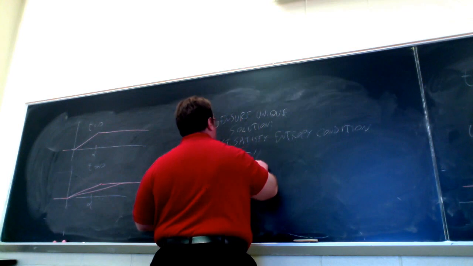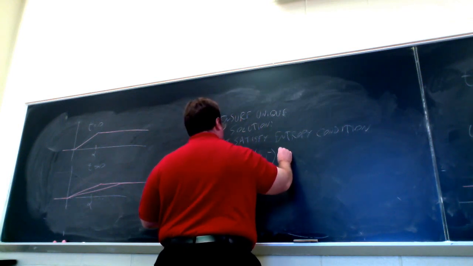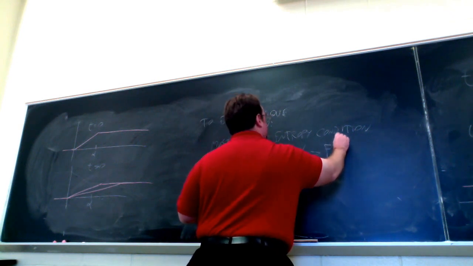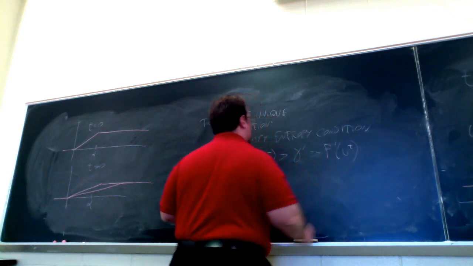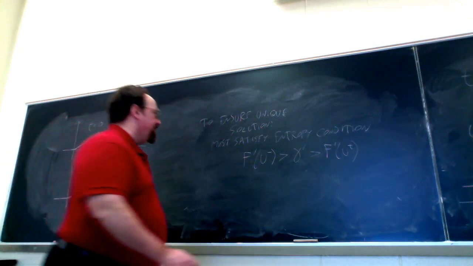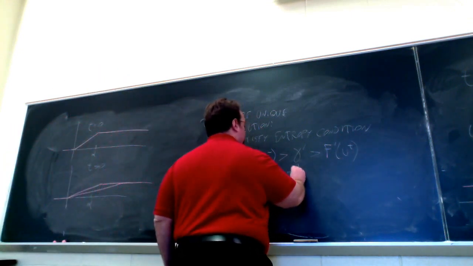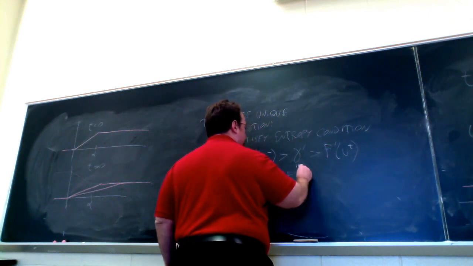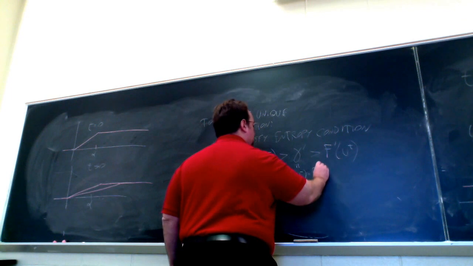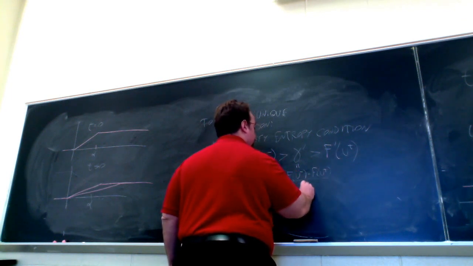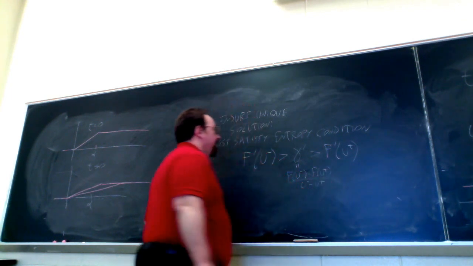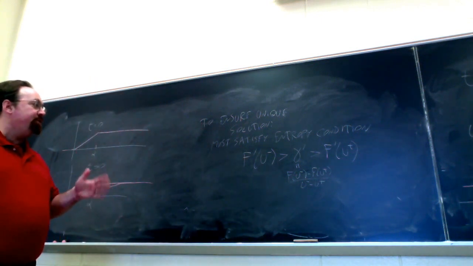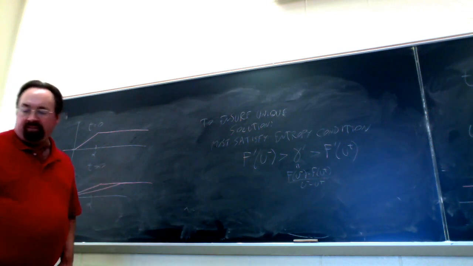So f prime at u minus is greater than gamma prime, which is greater than f prime of u plus. But the thing is, by the Rankine-Hugoniot condition, that is equal to the average rate of change between u minus and u plus. But the point is, the instantaneous rate of change at u minus must be the greater of the two.